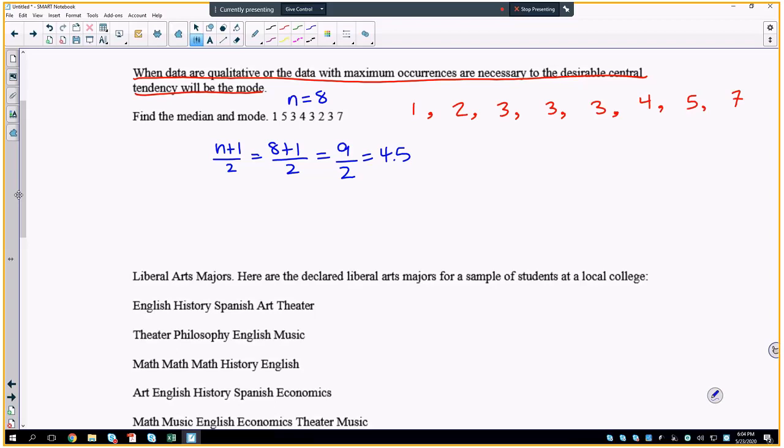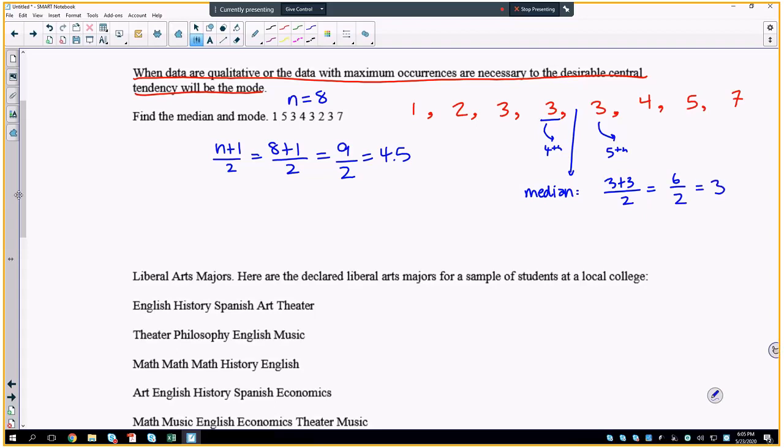So we want to find the 4.5th data. What do we mean? We mean we want to find, this is the 4th data, this is the 5th data, and it told us to add them up and divide by 2. So 3 plus 3 divided by 2 is 3. So the median, in this case, is (3+3)/2, 6 over 2, 3.